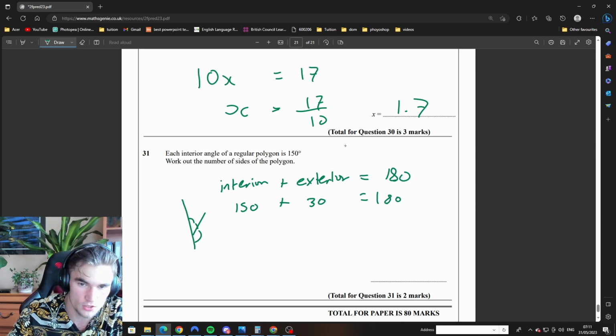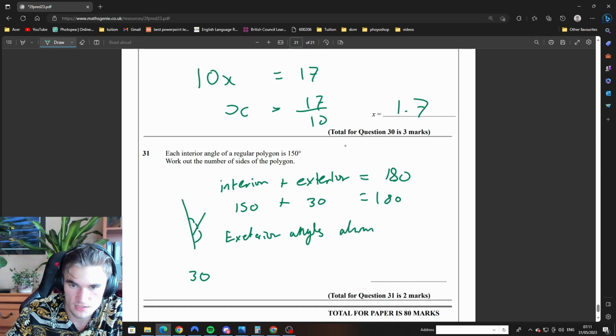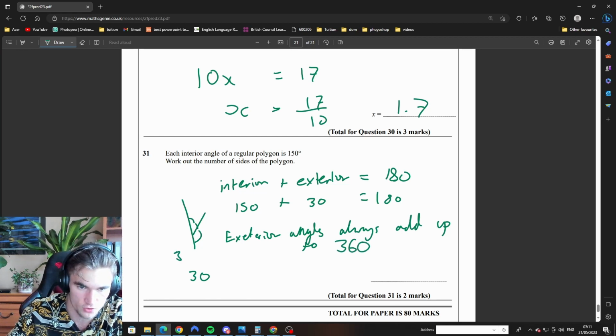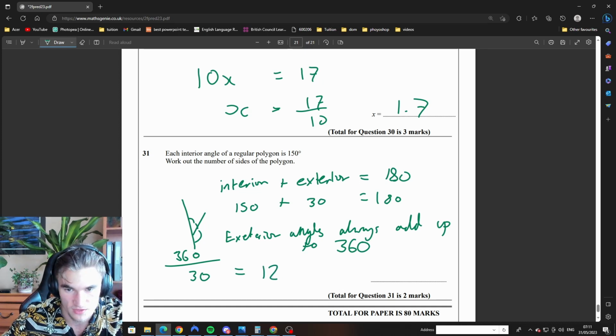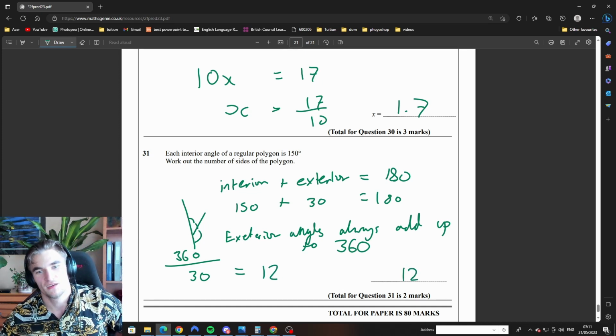And now, because I know the exterior angle is 30, there's another thing you need to know: exterior angles always add up to 360. So I'm going to do 360 divided by 30 just to see how many of them there must be. If I do 360 divided by 30, the answer is 12. So there must be 12 sides here. Crazy, right?